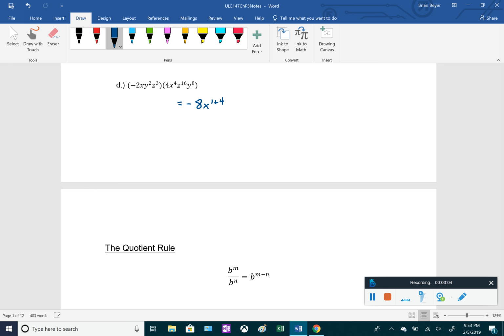The y terms, y squared times y to the 8th. It's out of order for the second one, but that's okay. You just got to make sure you don't mess up. So that's y to the 2 plus 8. And then the z term is going to be z to the 3 plus 16. Simplifying this, adding those exponents, that's negative 8 x to the fifth, y to the 10th, z to the 19th.